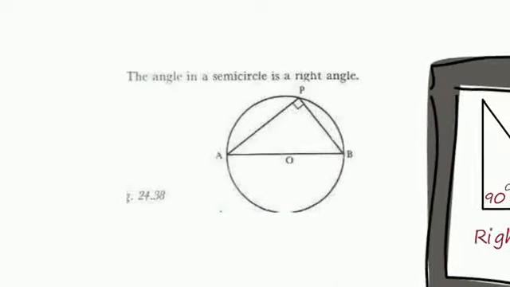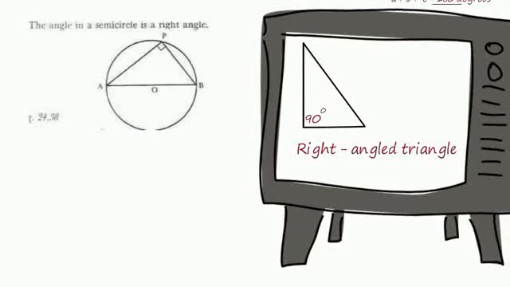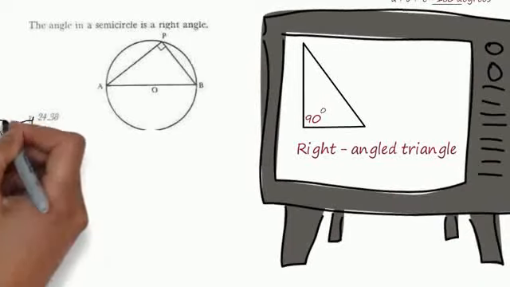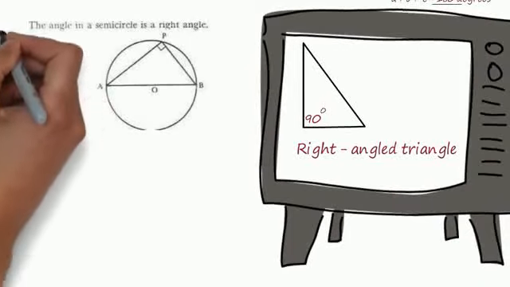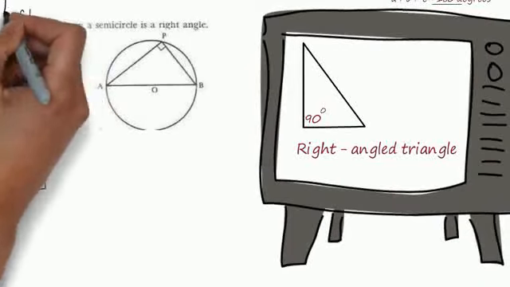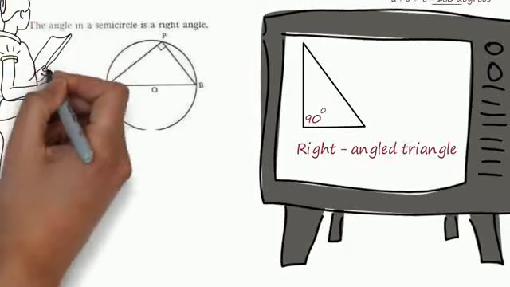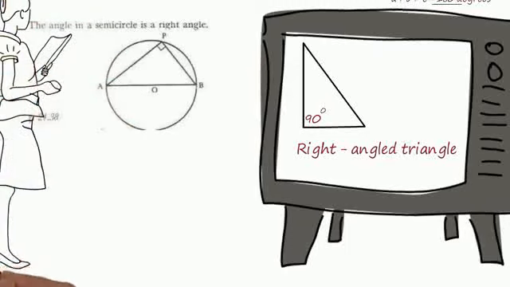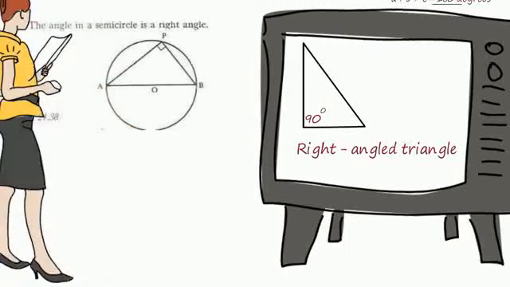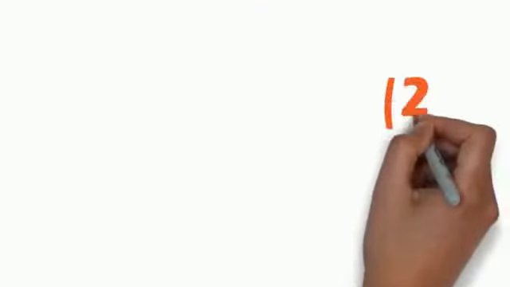The angle that is created on the circumference is 90 degrees, and that angle P there is 90 degrees. That's the theorem under circle geometry. Now, we move on to the topic in question, which is triangle, and we move on to triangle number 2.